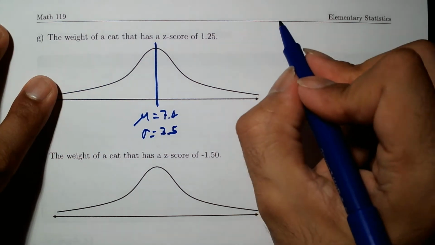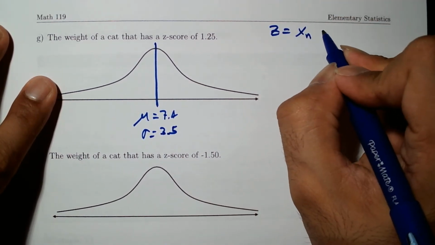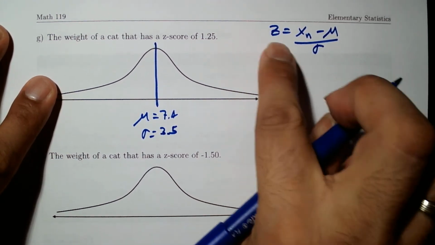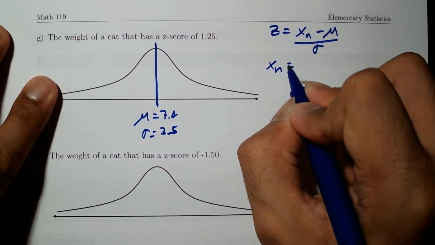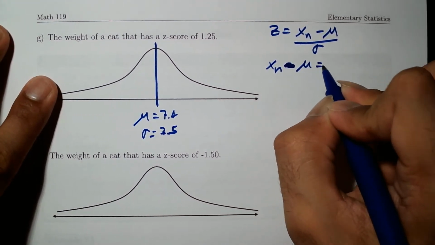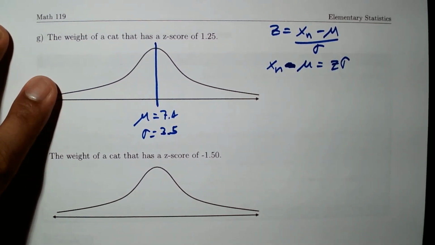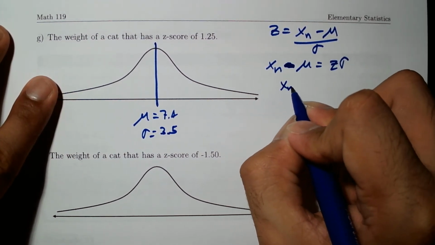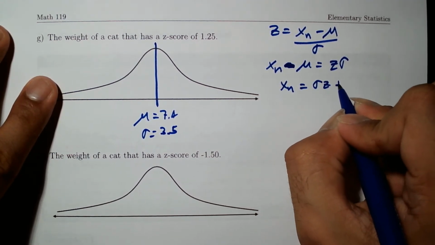All right, let's write down the formula first. z equals x_n minus mu over sigma. In this case, I'm going to multiply both sides by sigma to get x_n minus mu equals z sigma, or sigma z, either way, doesn't matter. I'm going to put sigma z just to go in alphabetical order, and x_n will be sigma z plus mu.